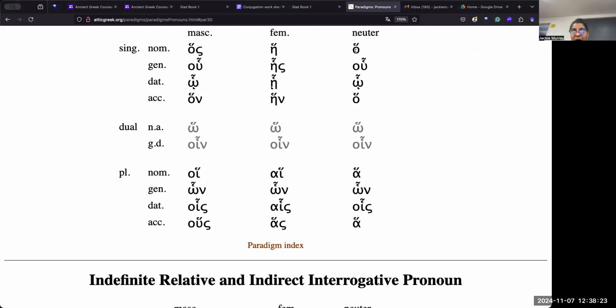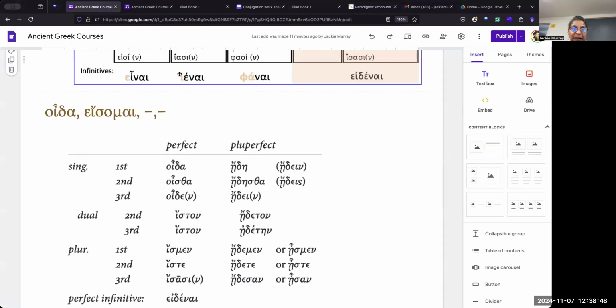And then ha, hou, ho, ha, ha, hon, hois, ha. Right? So that's how you form them. Forming it should not be a difficulty because we know the endings already. The issue is really to do with how to use it, right? And so that's what we want to talk about today.